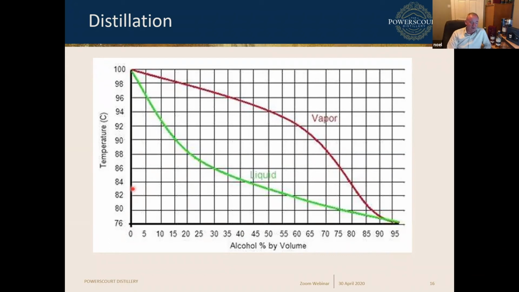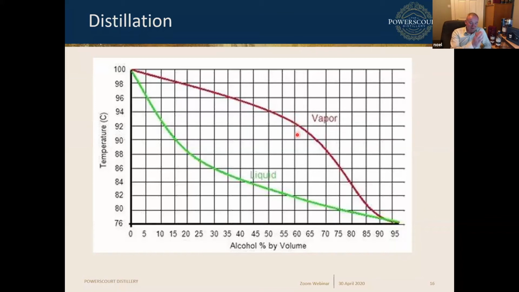But if we start again and look at the 10% alcohol, that typically boils, if you go right up to the green line, at around 93 or 92.5 degrees centigrade. And when it does, if you cut straight across to the red line on the right, you'll see the vapor content is somewhere around 51 or 52% alcohol.